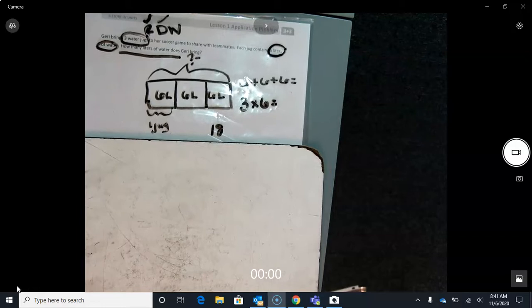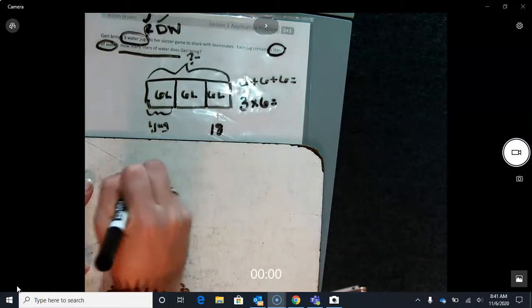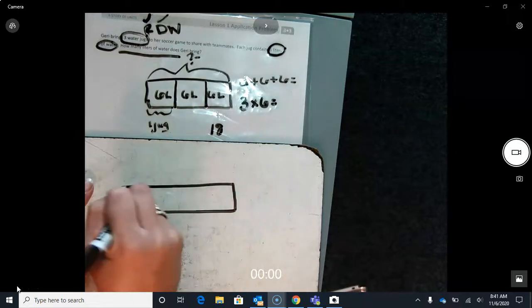But I am going to put up 2 tape diagrams on the board, and I want you to think about which tape diagram represents our application problem. Okay, and you can draw these with me if you'd like, or you can watch, either way.